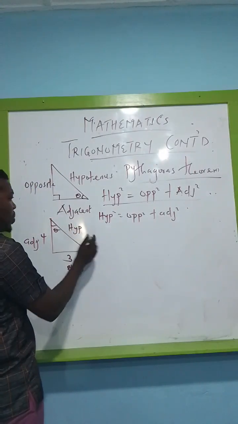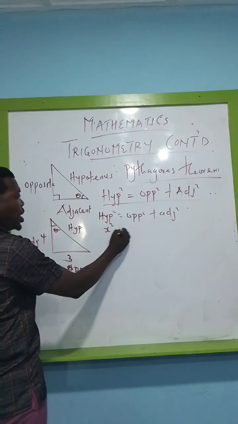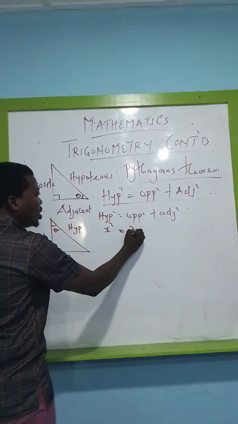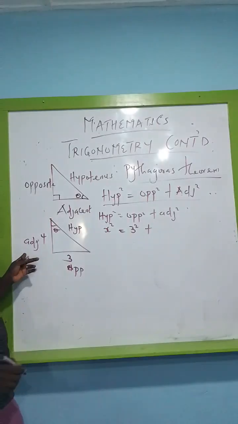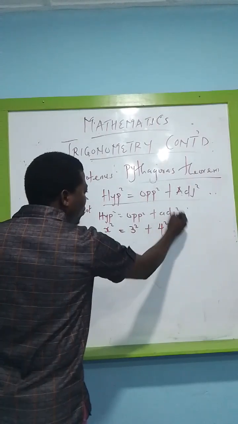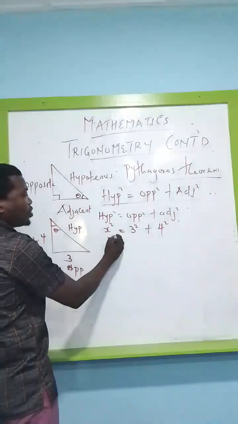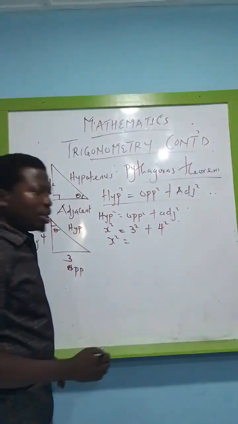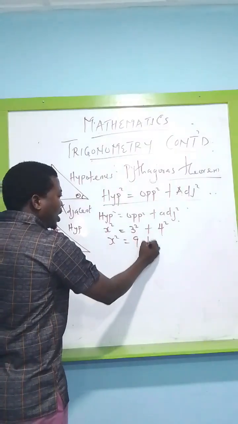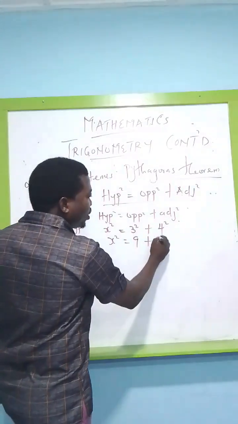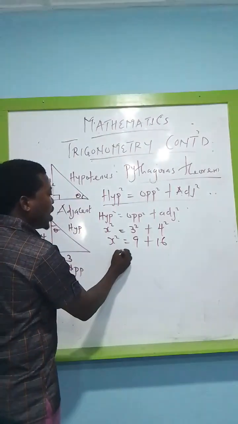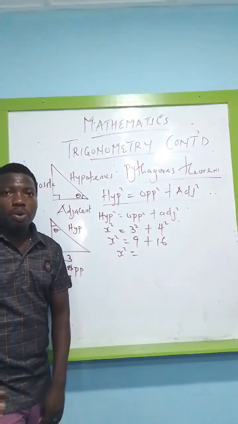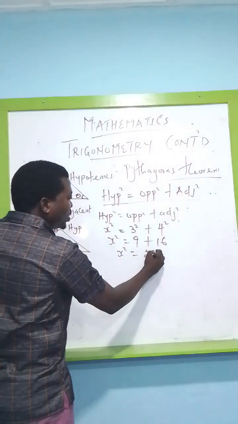The hypotenuse I'm looking for, let's make it x. So x squared equals the opposite 3 squared plus the adjacent 4 squared. So x squared equals the square of 3, which gives 9, plus the square of 4, which gives 16. So x squared equals 9 plus 16, and that will give us 25.